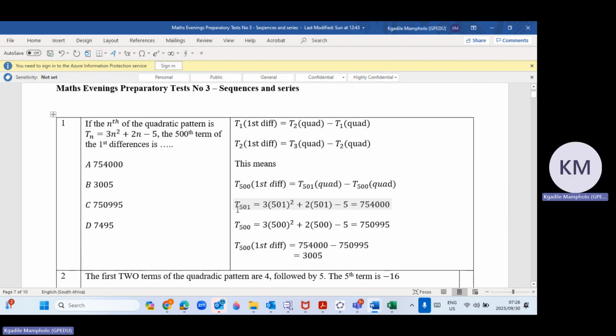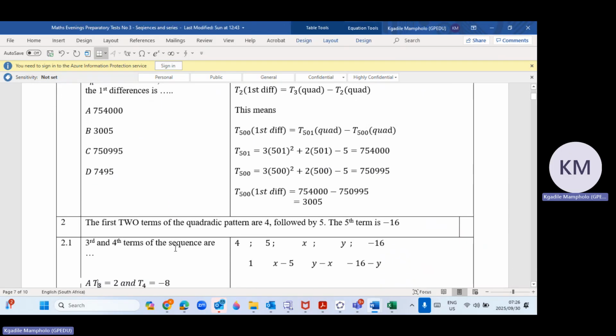So we determine the 501st term and the 500th term of that quadratic, then you find the difference. That difference will be the 500th term of the first difference of that quadratic. I hope it's clear, and in this case, the correct option will be B.